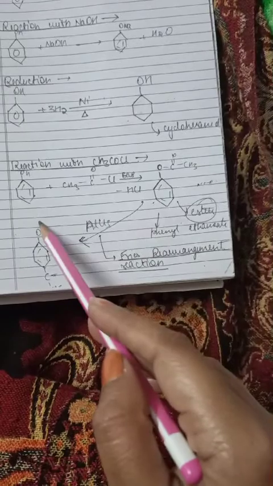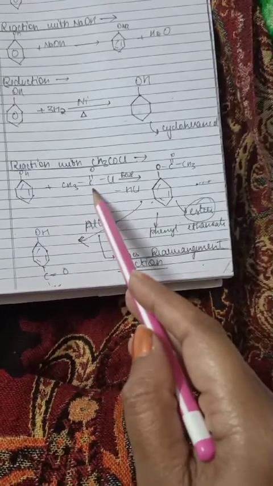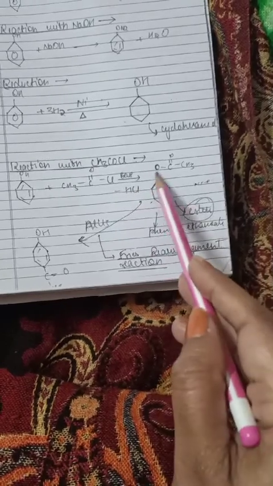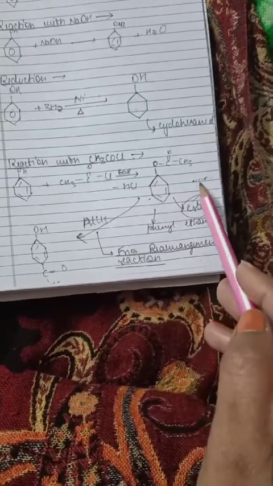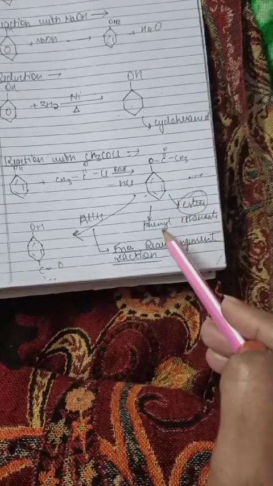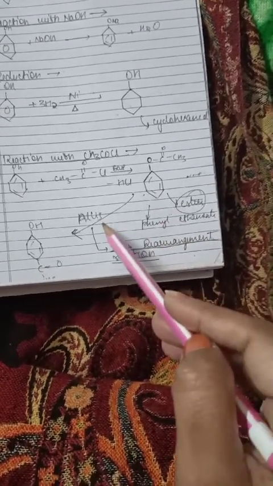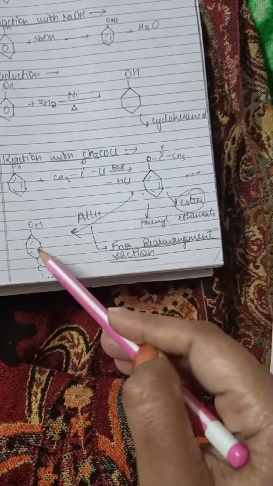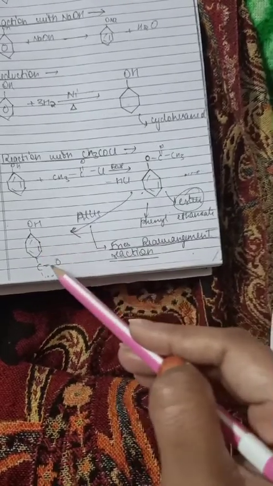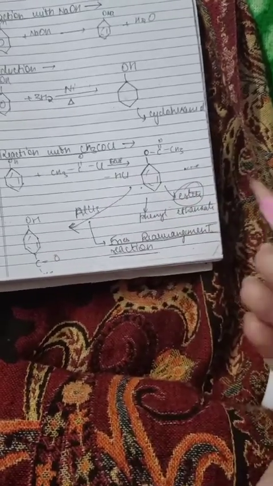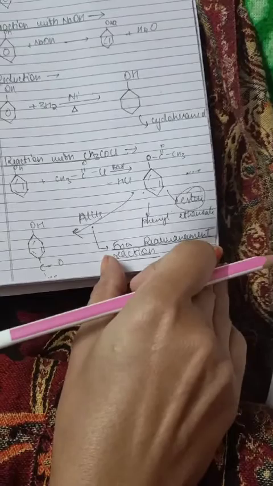Here phenol reacts with CH3COCl, forms HCl, and forms the ester, phenyl ethanoate, with OC double bond OCH3. In the presence of AlCl3, it forms OH phenol with the carboxylic group present here. So we can say it is the Fries rearrangement reaction.